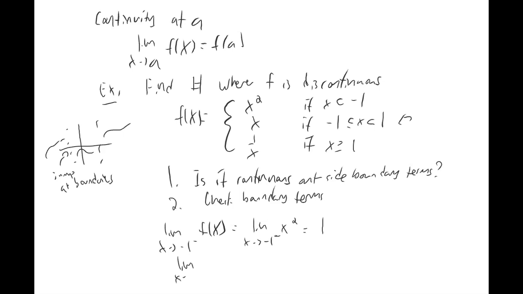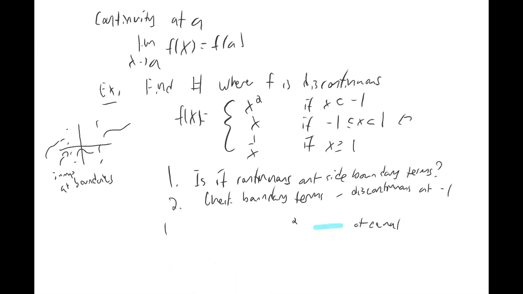And the limit as x goes to -1 from the right, this is x, so this is -1. These are not equal, so f is discontinuous at -1. Then you do the same thing for 1.